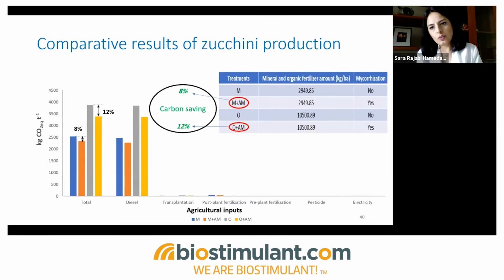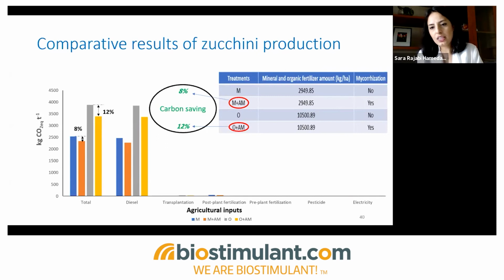The result shows that the mycorrhization reduced the total emissions of carbon dioxide equivalent per ton of marketable zucchini in both mineral and organic fertigation treatments. The lowest value of carbon dioxide equivalent emissions, or carbon footprint, belongs to the mycorrhiza treatment with mineral fertilization.